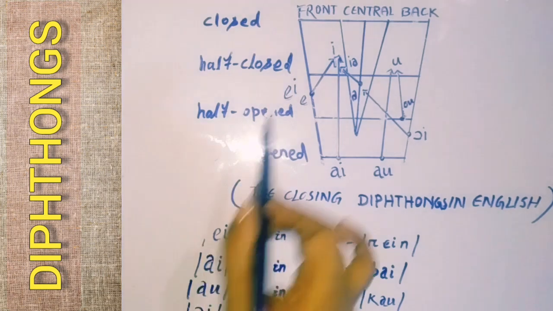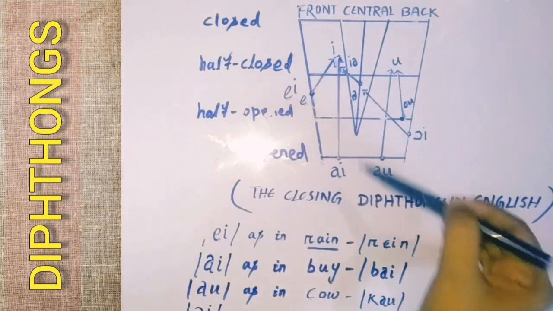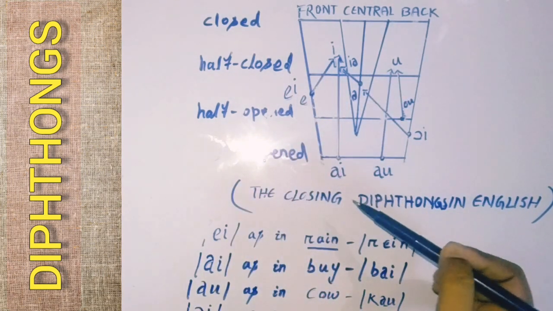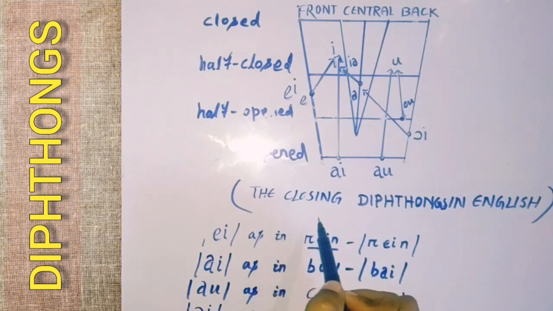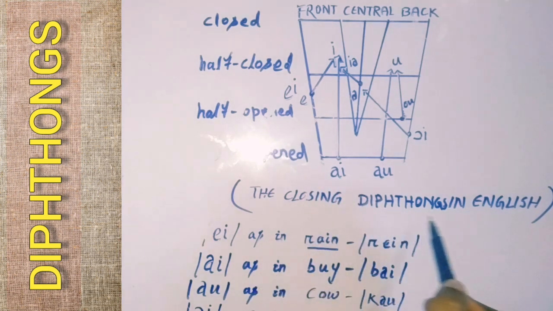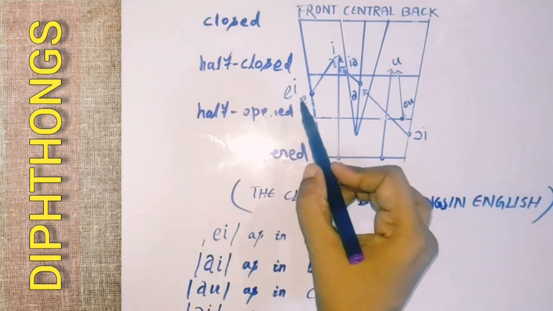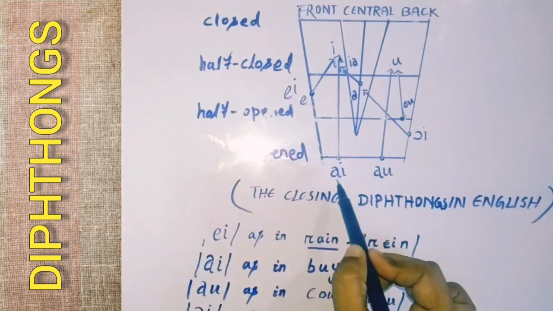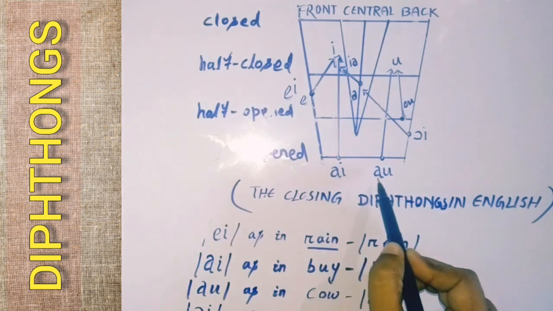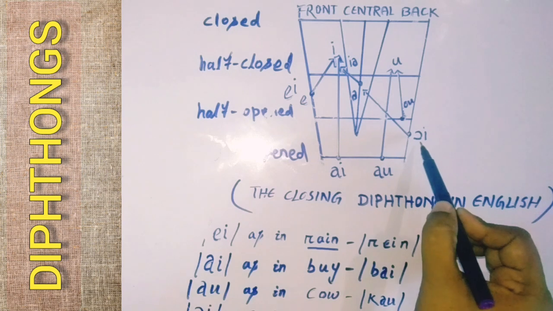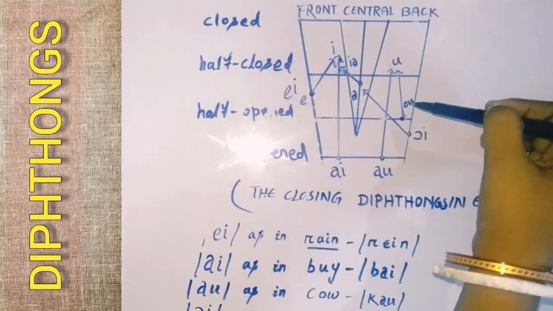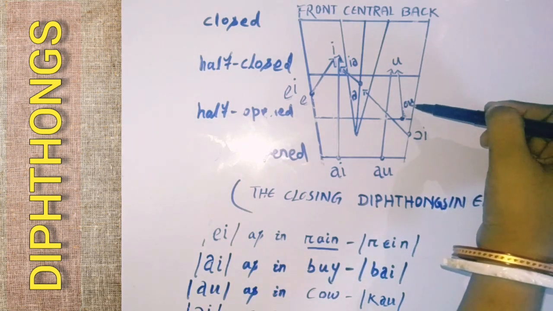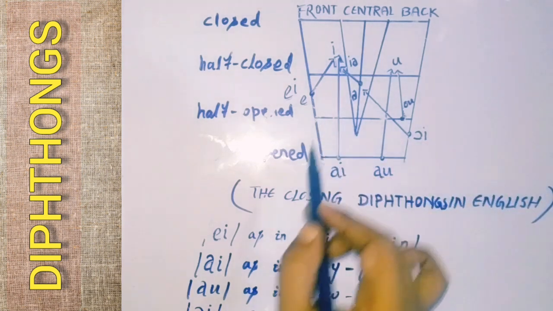Students, this is the figure of diphthongs, and here I will explain the 5 closing diphthongs. These 5 closing diphthongs are /eɪ/, /aɪ/, /aʊ/, /ɔɪ/, and /əʊ/.